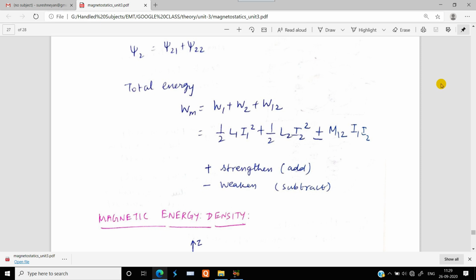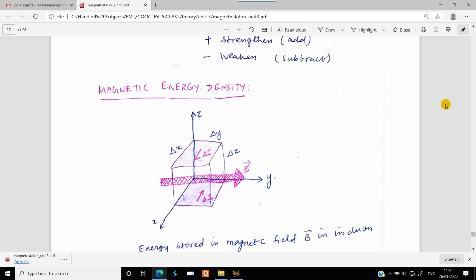If these two fluxes add to each other, then the energy strengthens. If the two fluxes are in opposite directions, that is, one is clockwise and the other is anti-clockwise, then the two fields weaken each other, so the total energy decreases.